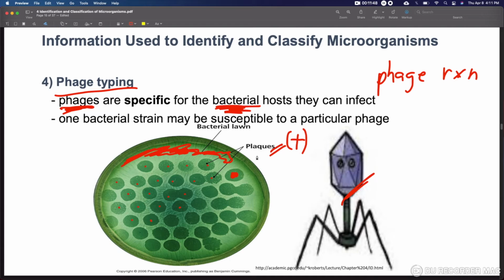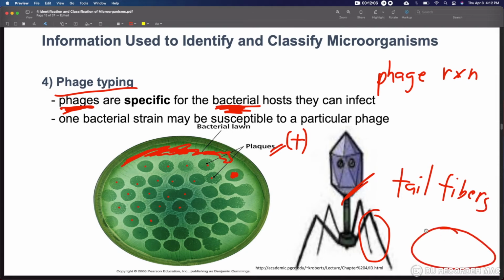So why is it that your bacteriophages or your phages have a specific interaction with your bacterial host? Because as you remember, the tail fibers of your bacteriophage can recognize the surface of your bacteria, the membrane of your bacteria.